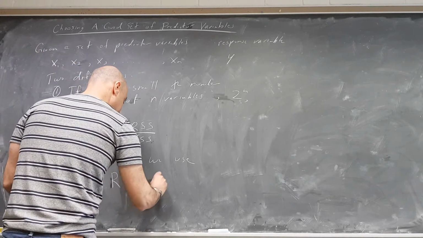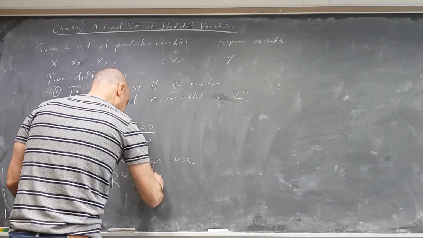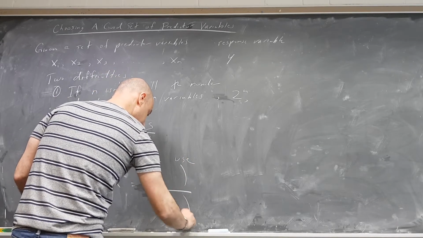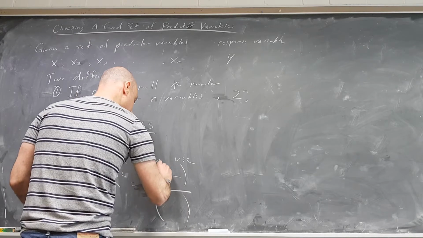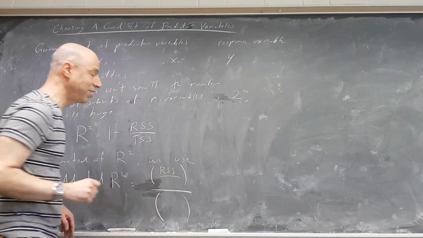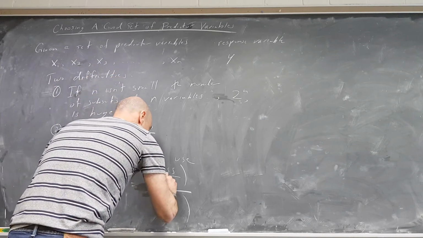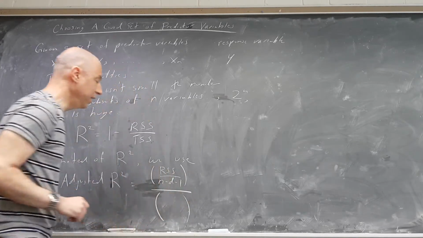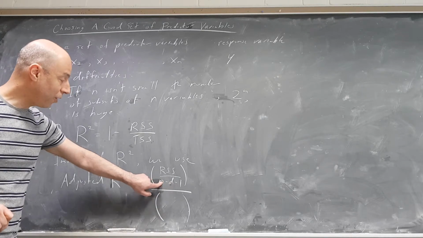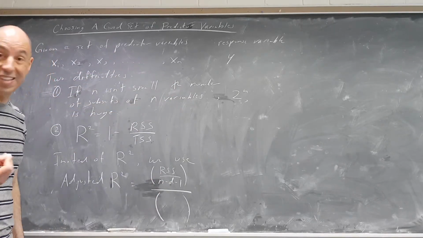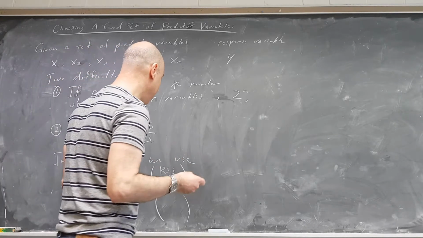Adjusted R squared is going to be the residual sum of squares, RSS, over n minus d minus 1. And I'll explain, you already know what n is. That's the number of total variables available to you. I might as well just tell you what d is right now. d is the number of variables you're using.